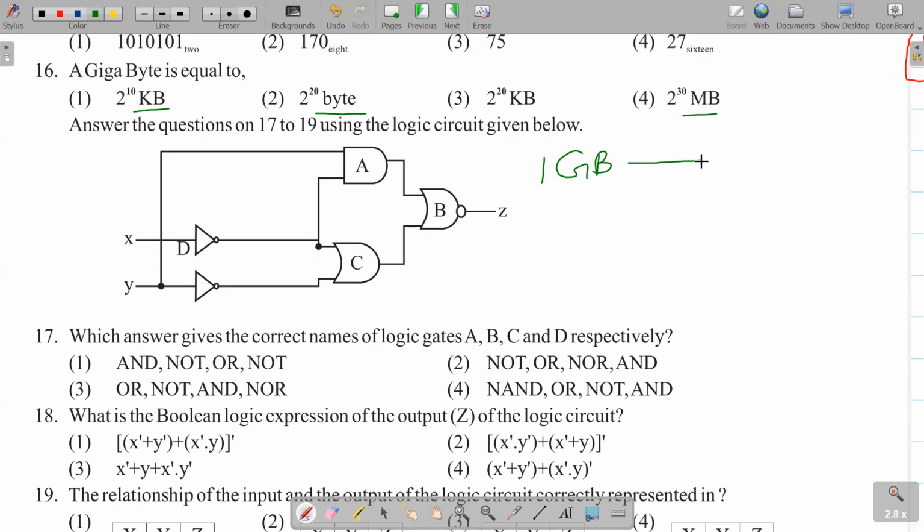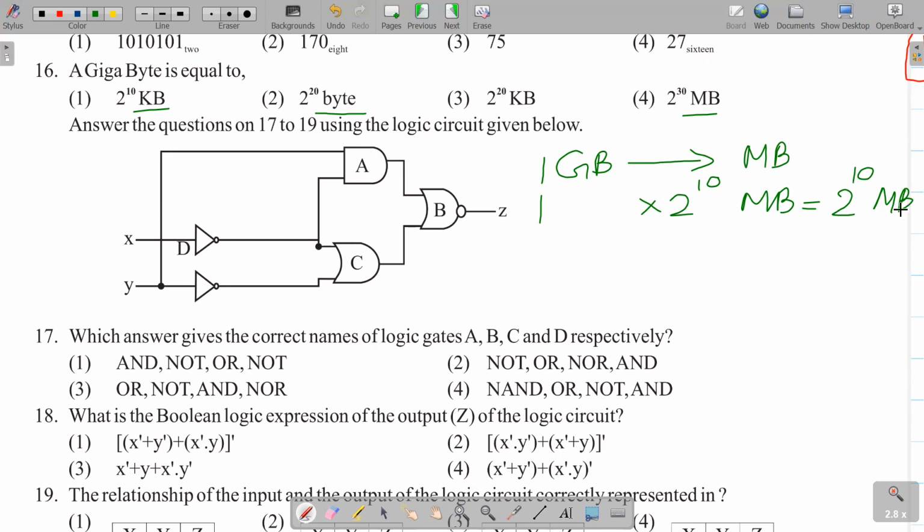So let's see. 1 gigabyte, if you think about it, to megabyte, it's a direct conversion from gigabyte to megabyte. So you need 2 to the power 10 to do the conversion. That means this one can be taken as 1 always. So it's 2 to the power 10 MBs, right?